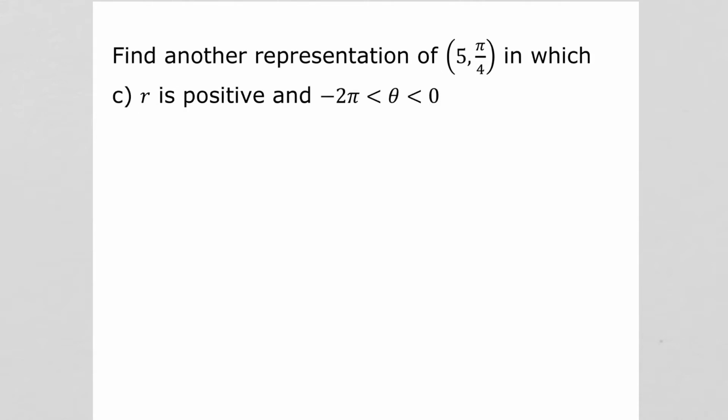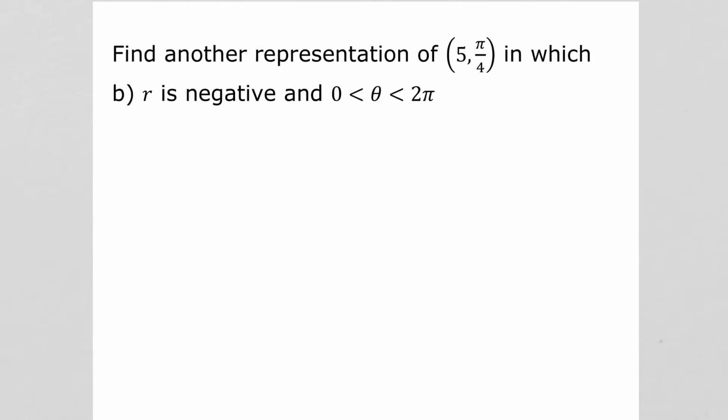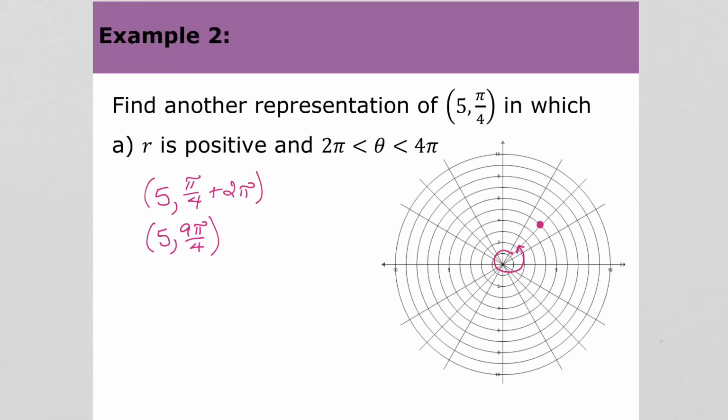Okay, we'll have to go back. So it says, find another representation for 5, pi over 4, in which r is negative, and the angle is between 0 and pi over 2. So looking back at our same point, we want r to be negative.